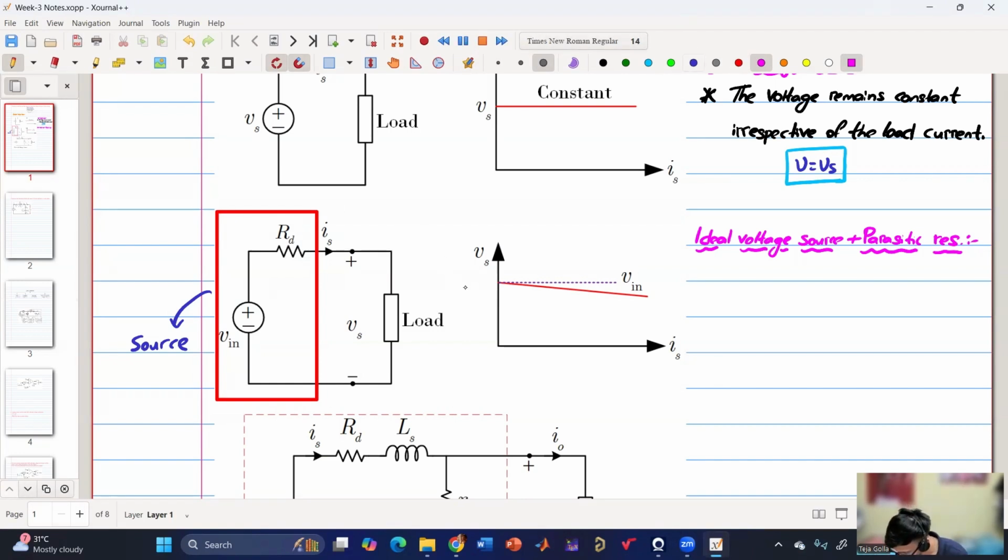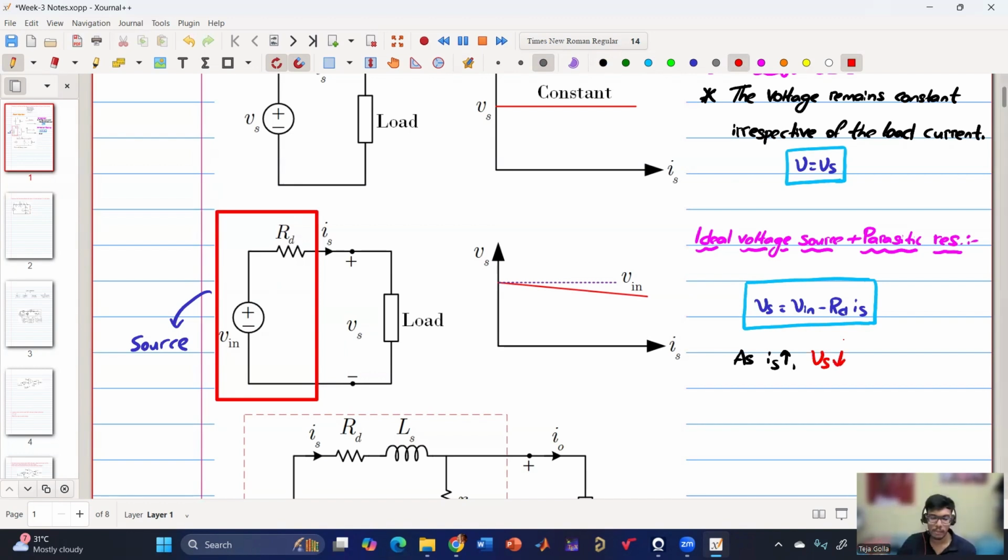So the expression is Vs equals Vin minus Rd into Is. If you calculate the slope, it will be a negative slope. As Is increases, Vs will decrease. There will be a parasitic drop across this resistance.